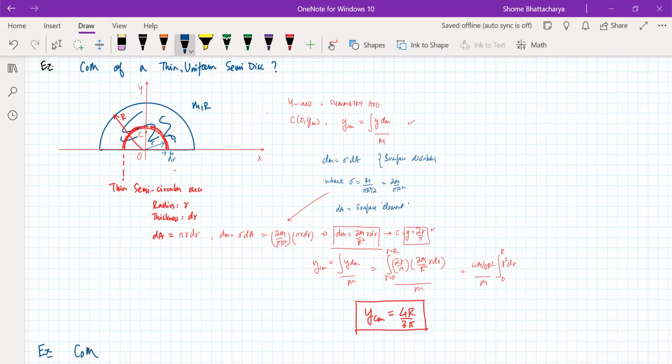Center of mass of a uniform, or you can say isotropic, it is having uniform density, solid cone of vertical height h and base radius r. You can get started on this if you like. If you finish this, you can get started.